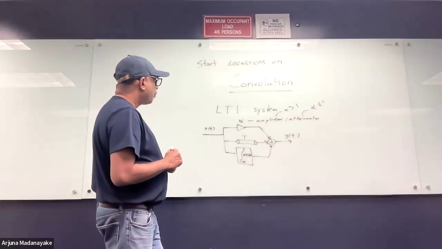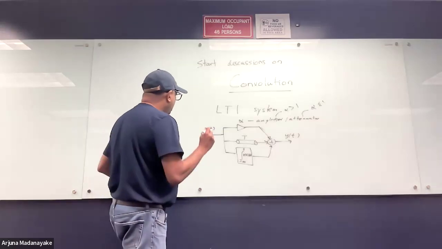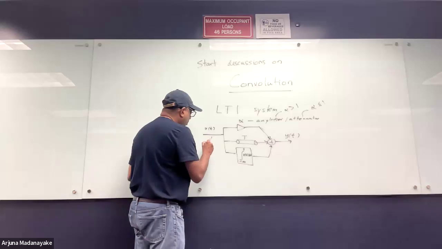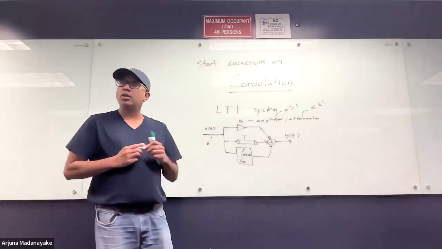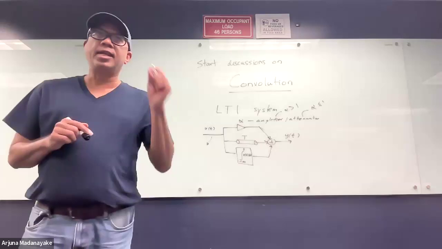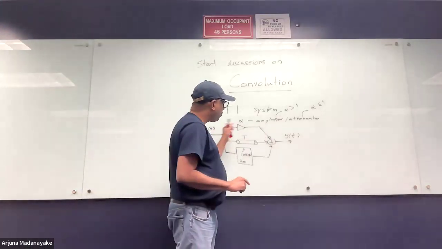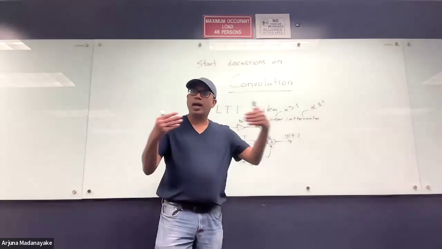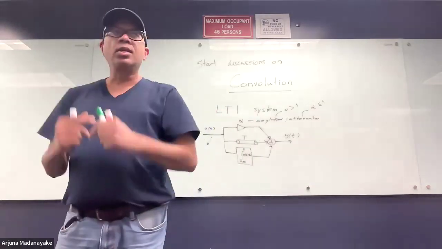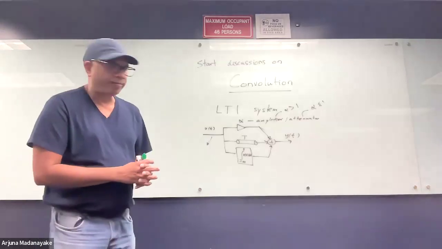So we can visualize, if you give a particular input into this input x, we set x of t to a particular function, we can find out individually what each branch is doing, and we can adapt the different components to produce the final output.